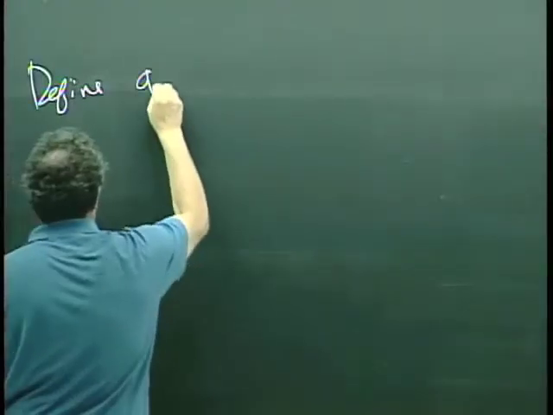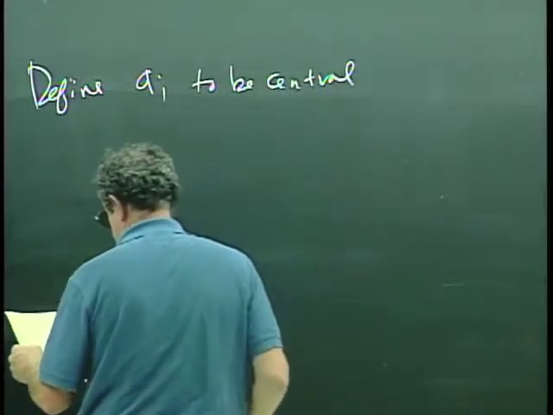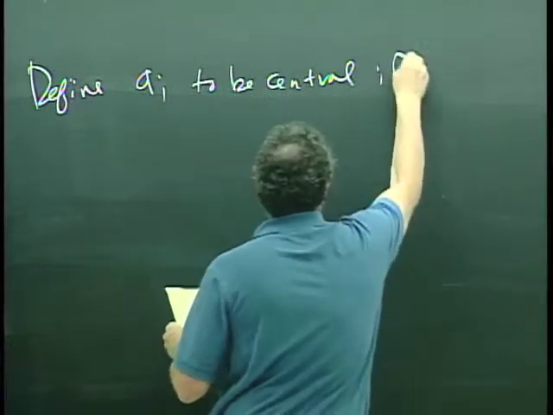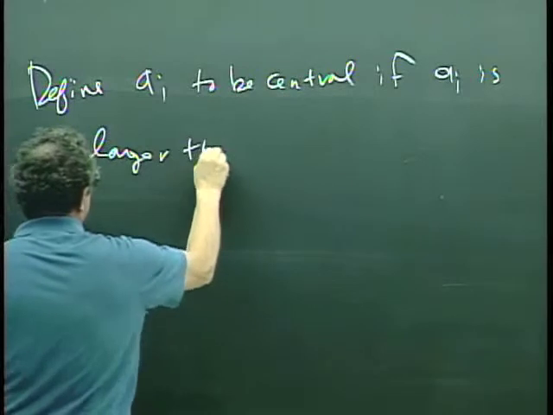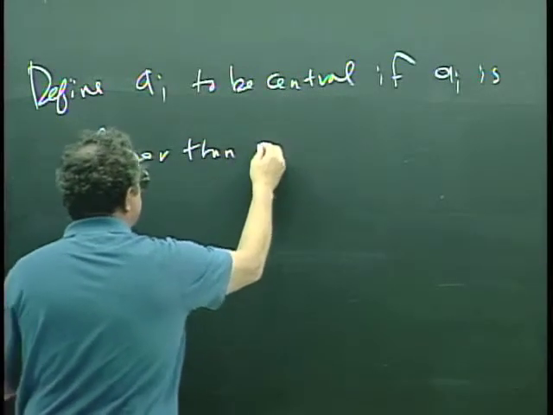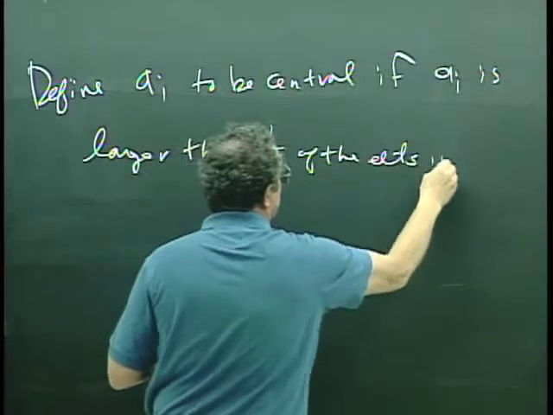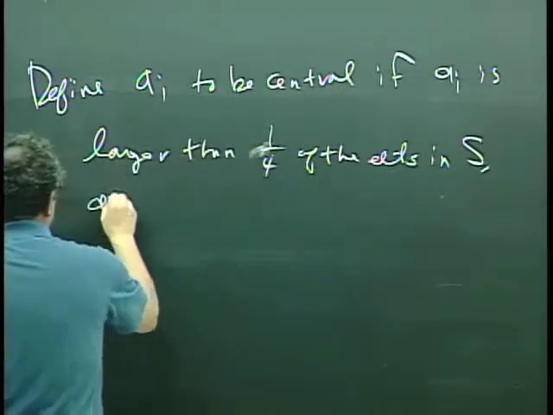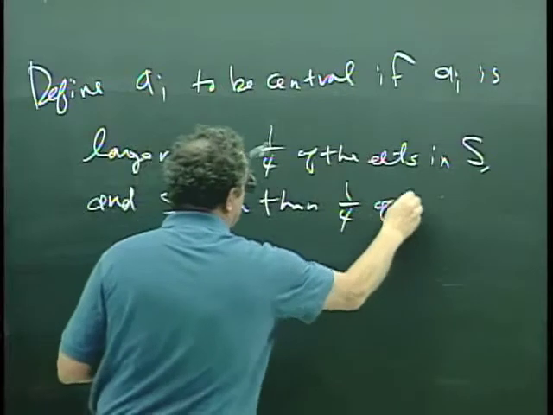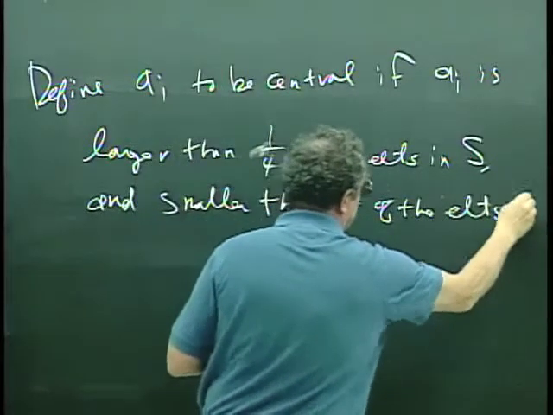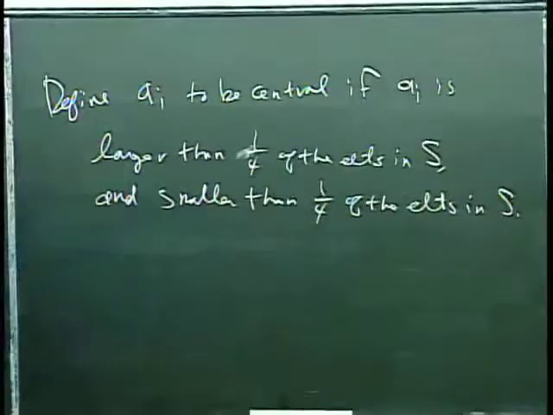Define AI, that's the splitter, to be central if AI is larger than at least 1/4 of the elements in S, and smaller than at least 1/4 of the elements in S. When I'm talking about the splitter AI, we're talking about a particular call to select.